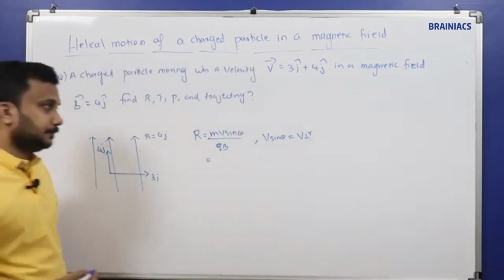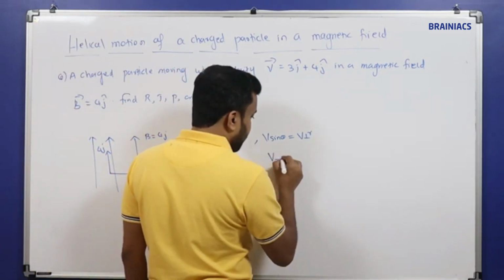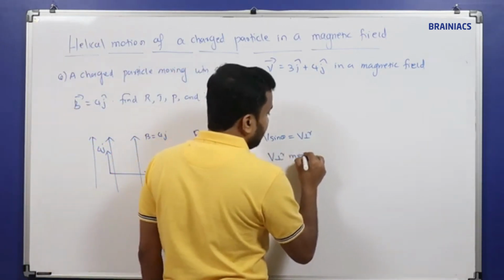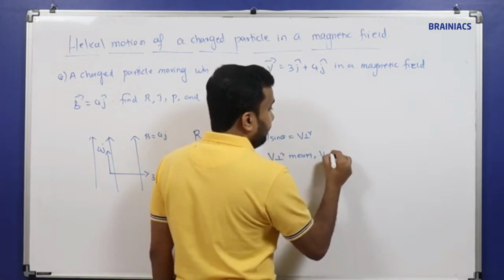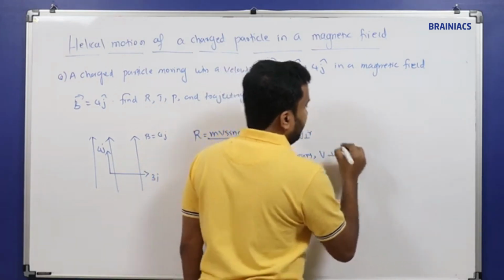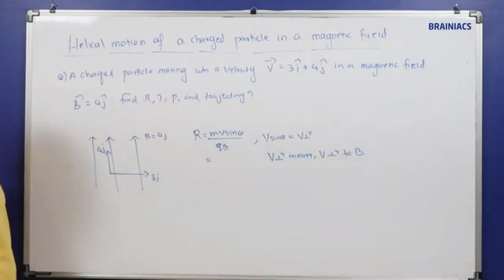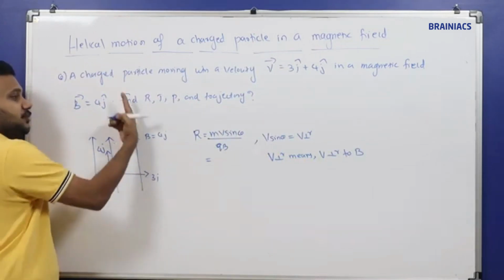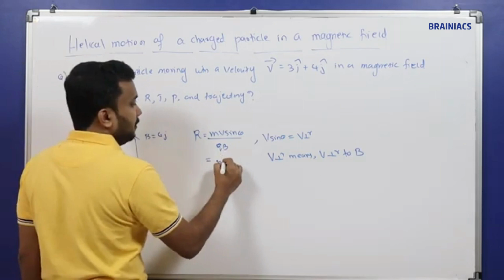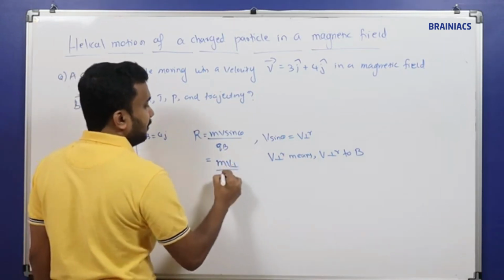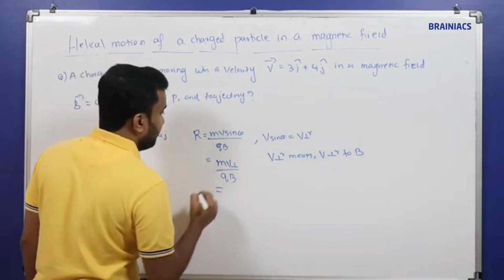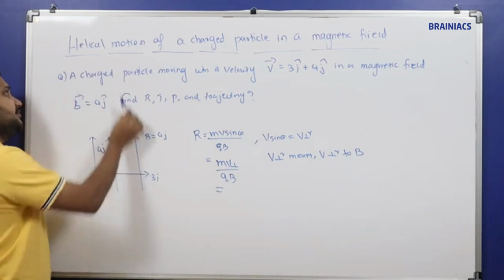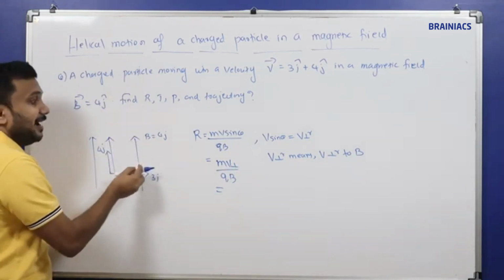V perpendicular means the component perpendicular to B. The magnetic field is in the direction of 4j, so what is the perpendicular component here? I am writing r = mv perpendicular divided by qB. The magnetic field is 4j, so the perpendicular component is 3i.